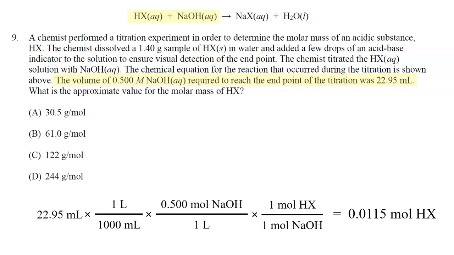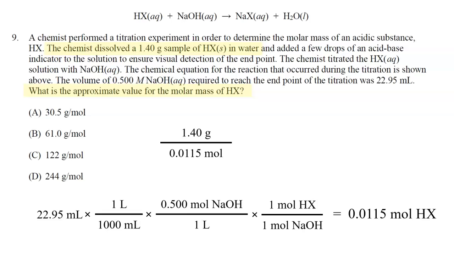Now, the only other piece of data or measurement that I haven't used yet, which I'm going to use to get the final answer for question 9, is it says the chemist dissolved a 1.40 gram sample of solid HX in water. So 1.40 grams divided by the number of moles, 0.0115 moles, that will give me units of grams per mole. And those are the units for molar mass.